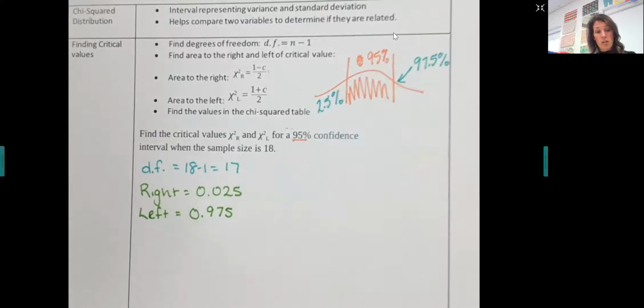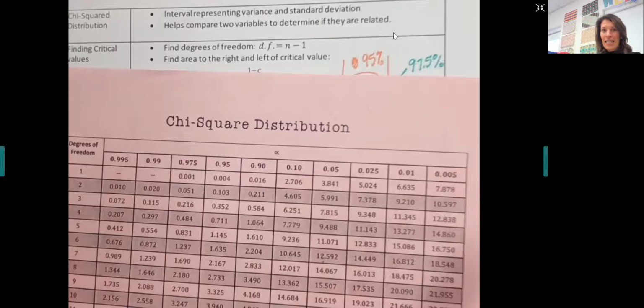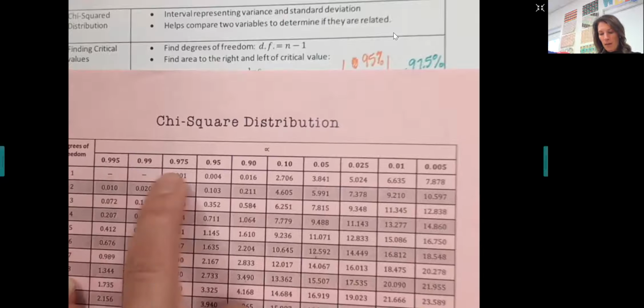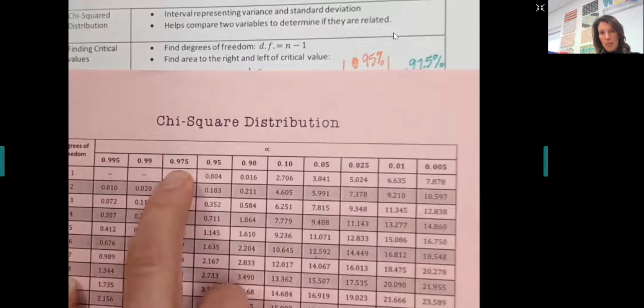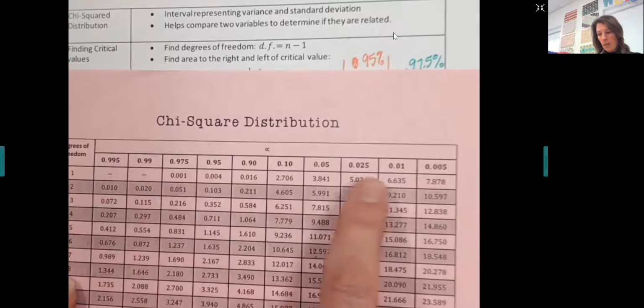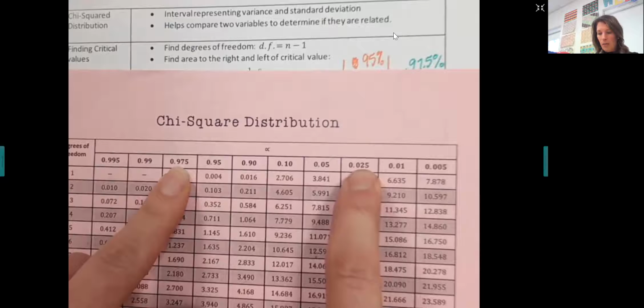You're going to go to your pink sheet. You're going to notice that up above, it has all of my confidence levels where I'd need it. I need 0.975 and I need 0.025. That's why it doesn't really matter if it was the right or the left. So those are the two we need.